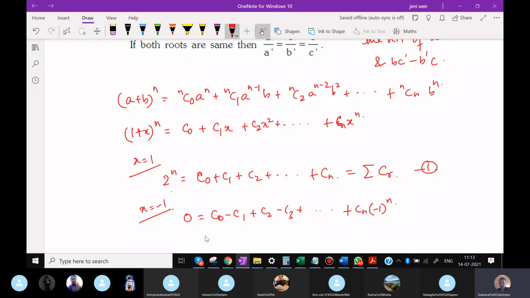So the sum of the odd coefficients will be equal to the sum of the even coefficients.